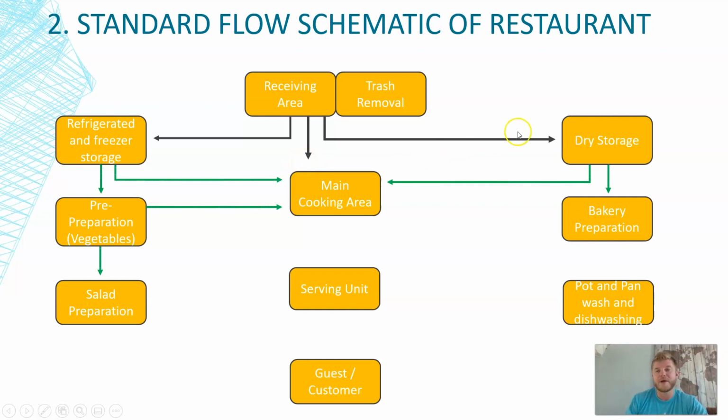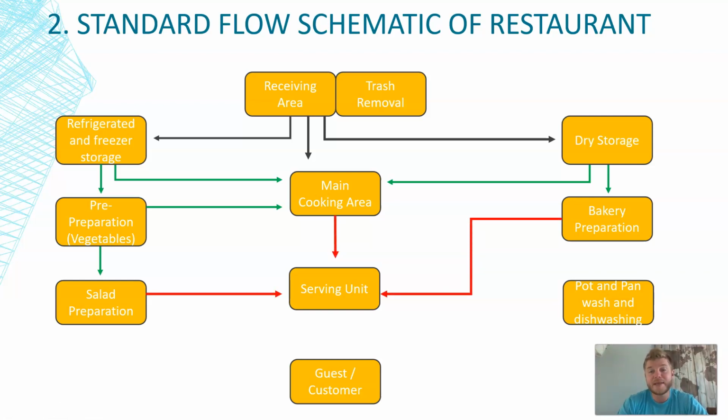So the next step is using from your refrigerator, freezer storage. It's going to go to a couple places. It may go to the pre-prep area, or it can go right to salad preparation, or it can go straight from your refrigerated areas into the main cooking area. Same thing with your dry storage. It'll go from dry storage to your main cooking area, or to your bakery prep if you have some sort of bakery prep area.